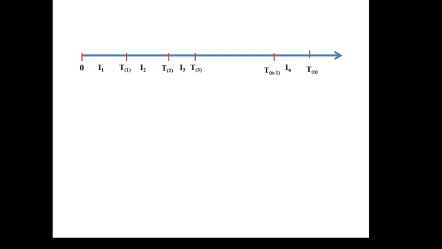Now t bracketed 1 is the first event time, and that event may be an actual death or the observation may be getting censored. So we have to be aware whether t bracketed 1 is a death point or a censored point, and to denote this we have used a symbol.